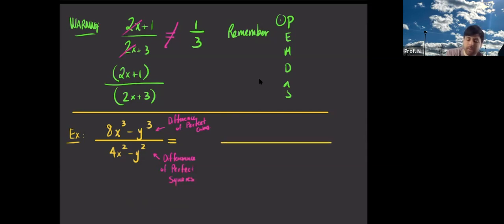So how do you factor the denominator? 4x squared minus y squared. Four x squared minus y squared is factored into what, guys?